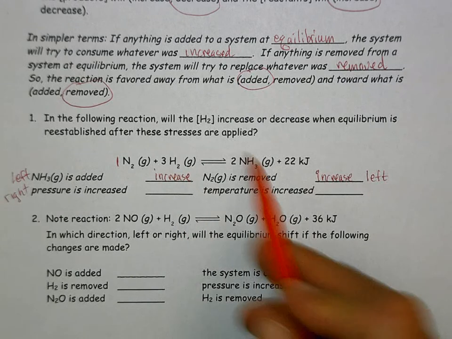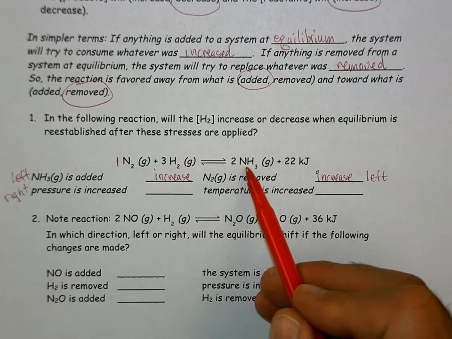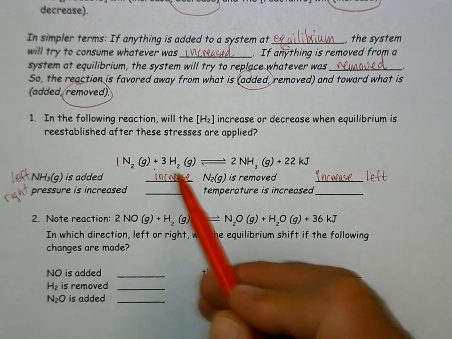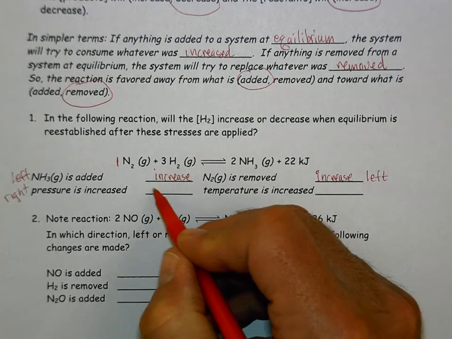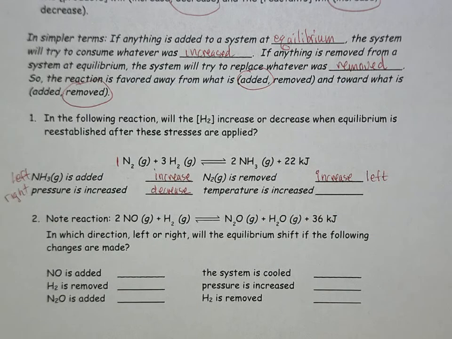Shifting right means make more of NH3, but if you're making more of this side, you are making less of that side. So it will decrease the amount of H2. So again, increasing the pressure or reducing the volume, they go the same way, or they go in opposite directions. That will go to the side with fewer moles.